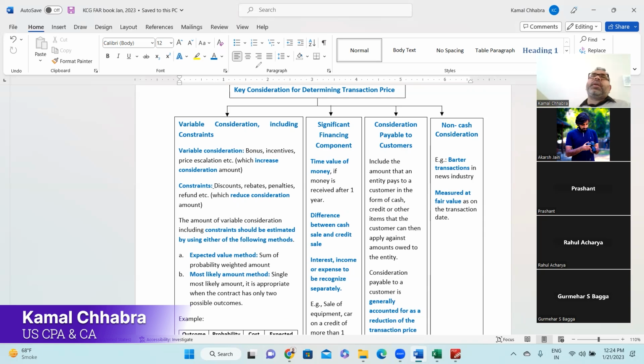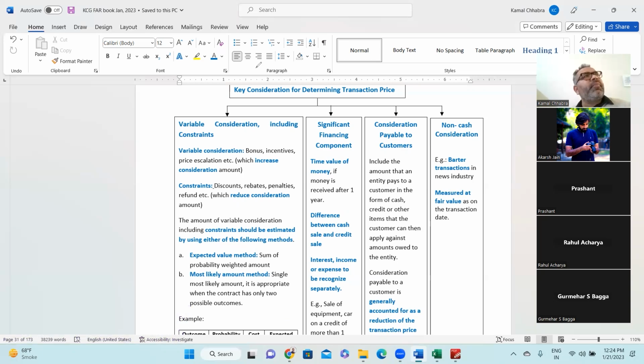For example, let's say Ayush has a dealership of Mercedes, right? So this $100,000 car Ayush has sold to Rahul. The normal payment terms for the business which Ayush does is 45 days payment.